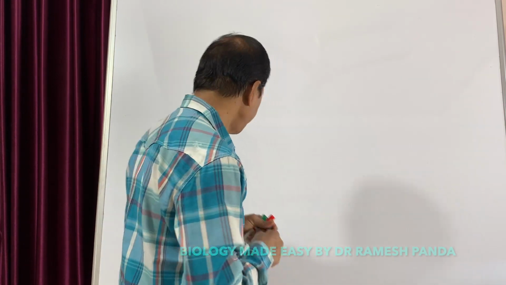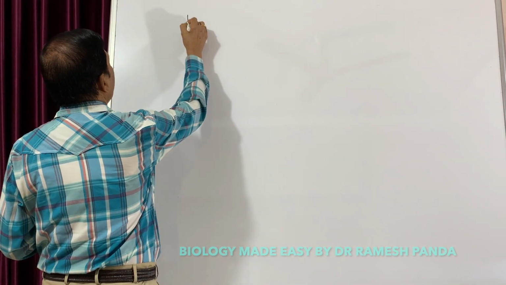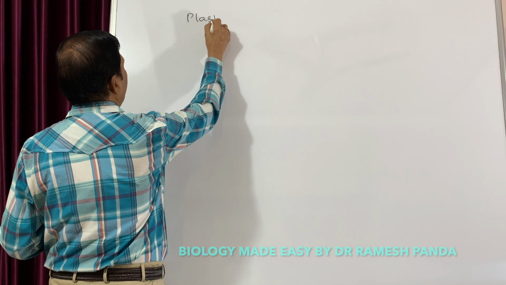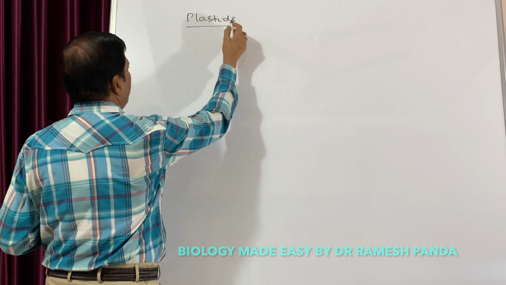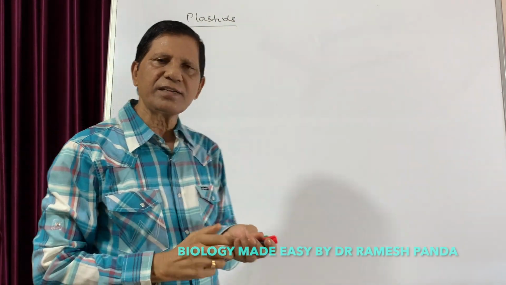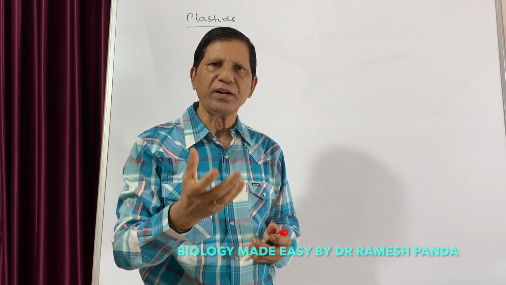Today in this video, we'll discuss the different types of plastids. Plastids are color pigmenting organelles.